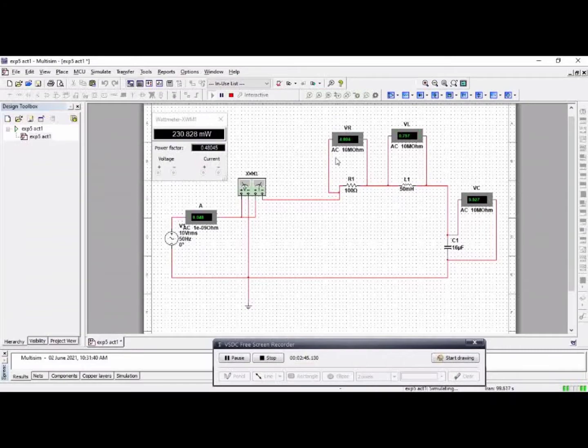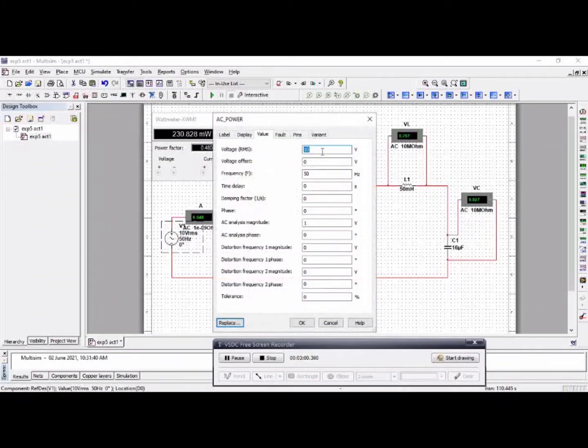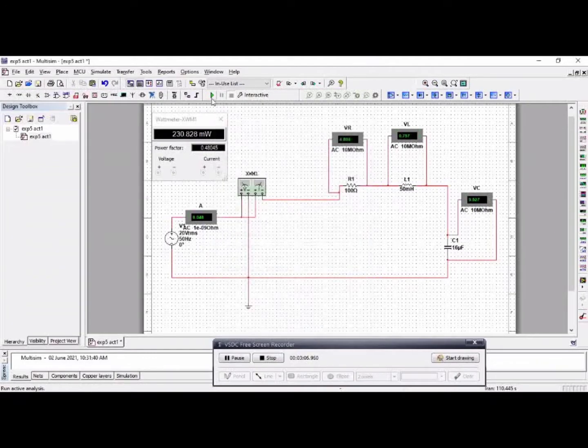Now we also got the voltage for the resistor, the inductor and the capacitor. Next, we go to a voltage value of 20 volts and wait for the constant value.